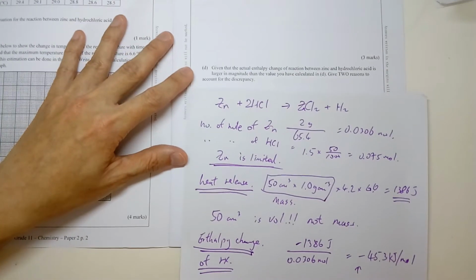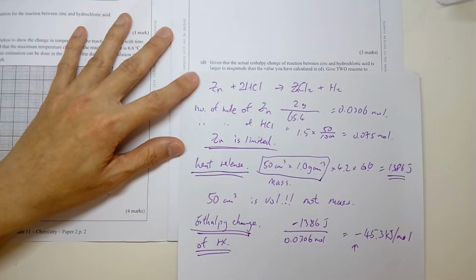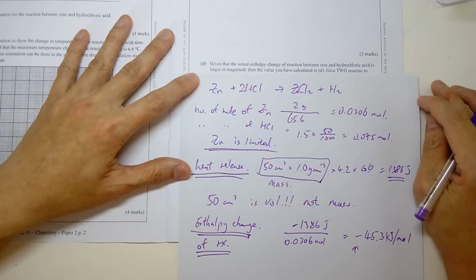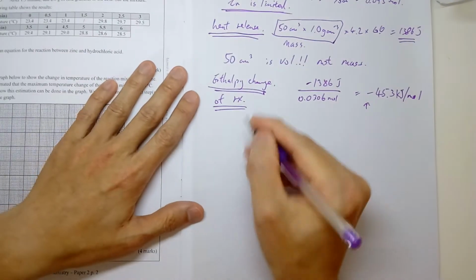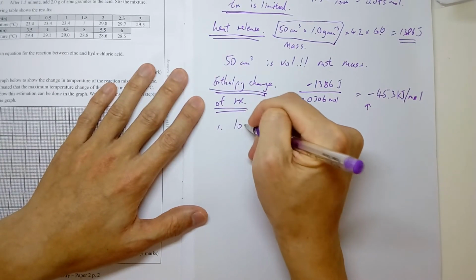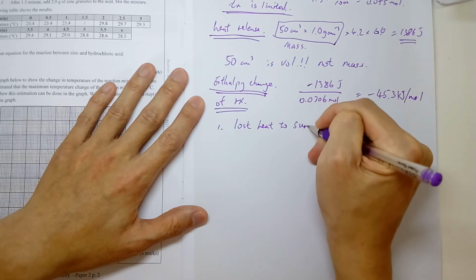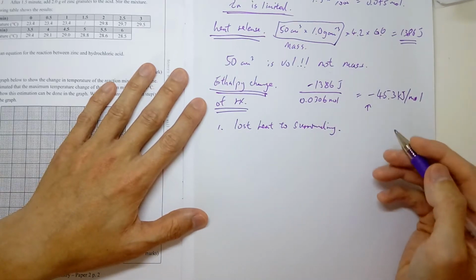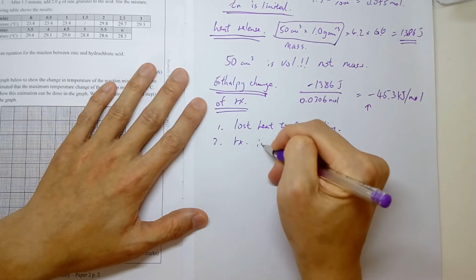Finally, the actual enthalpy change will be larger in magnitude. That means the actual one will be more exothermic. Why? The reason behind is simple. First is heat loss to surroundings. Very good. The second one will be the reaction is not complete.